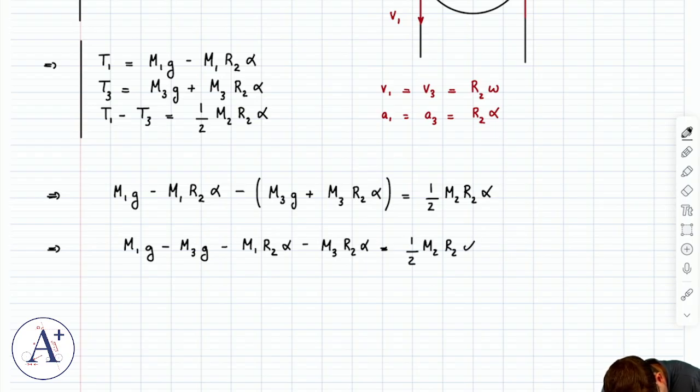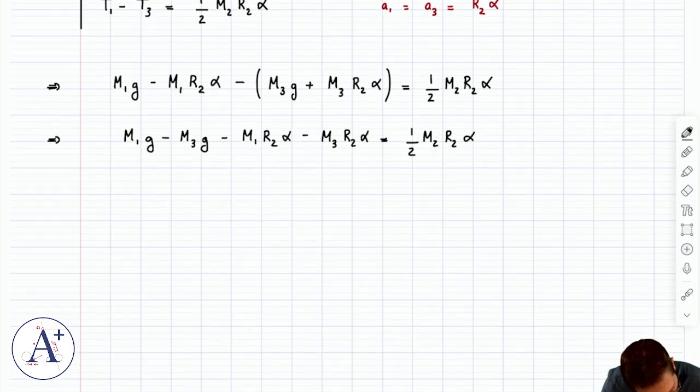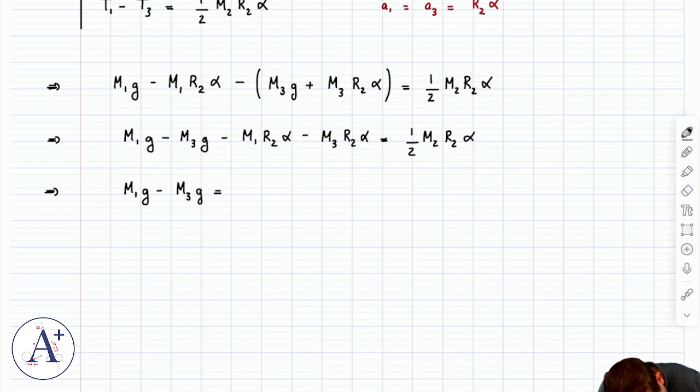M2 R2 alpha. So I'm going to put on the right-hand side all the terms that contain alpha, factor out alpha, and divide. So I'm going to get M1G minus M3G is equal to M1 plus M2 over 2 plus M3 times R2 alpha.